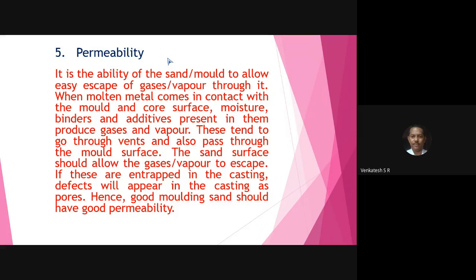When you pour the molten metal, there may be a reaction between the chemicals present in the mold cavity as well as the air present in the mold cavity, which creates vapor and air that should be made to escape. So permeability is the property of the molding sand which should allow the escape of the gases, vapor, and air inside the mold cavity.